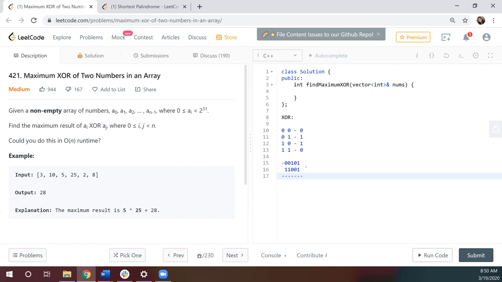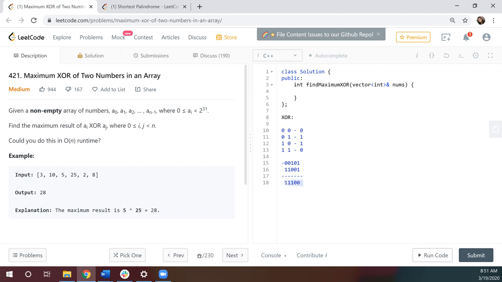So what would be the answer over here? If we are taking the XOR, this would be 1, this would be 1, this would be 1, this would be 0, and this would be 0. So the max is 4 plus 8 plus 16, that is 16 plus 12, which is 28.